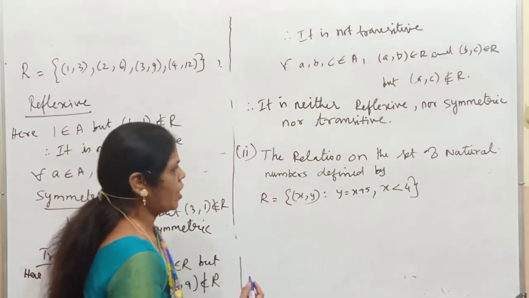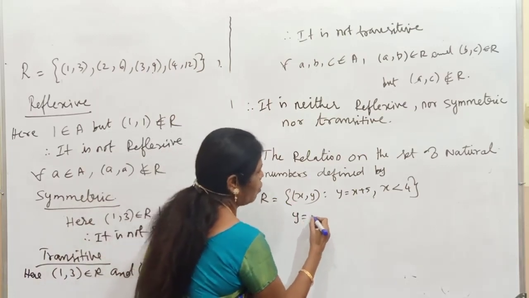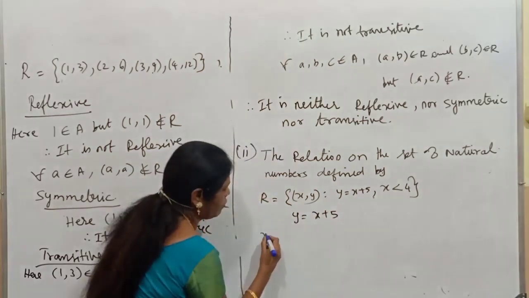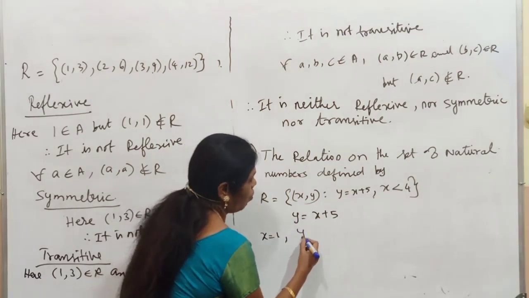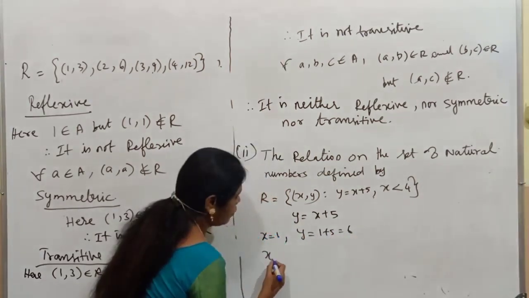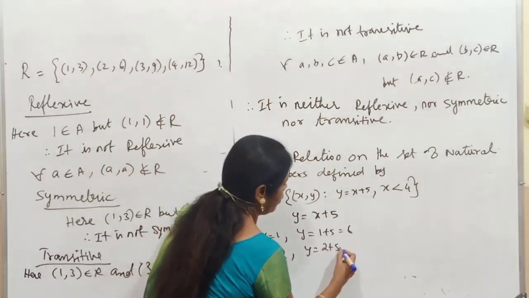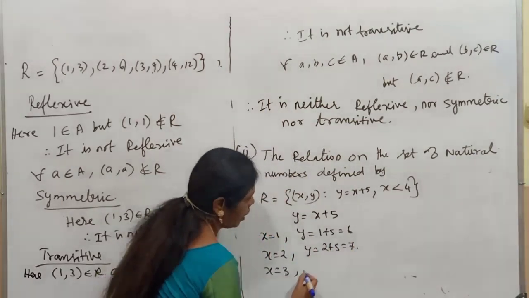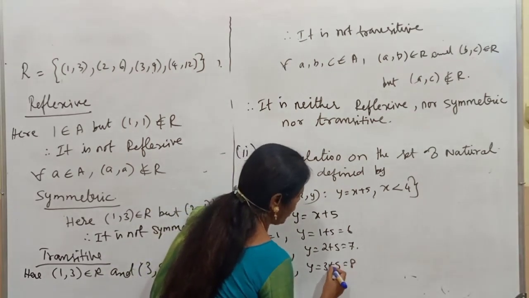Now listen, let's take that. It is a set of natural numbers. Let's take y equal to x plus 5. Set of natural numbers means we start with 1. x is equal to 1, y equal to 1 plus 5 equal to 6. x is equal to 2, y equal to 2 plus 5, that is 7. x is equal to 3 and y equal to 3 plus 5, that is equal to 8.